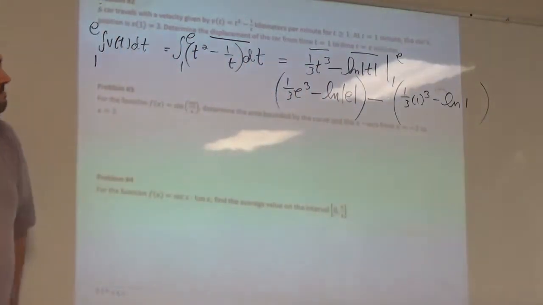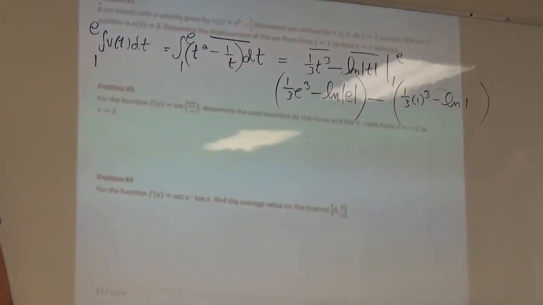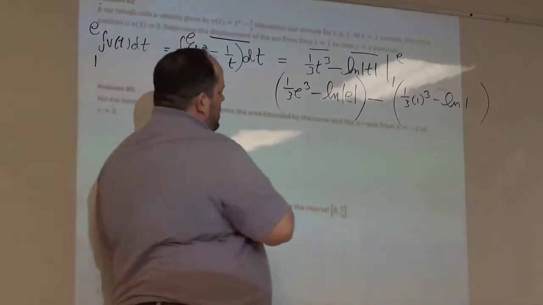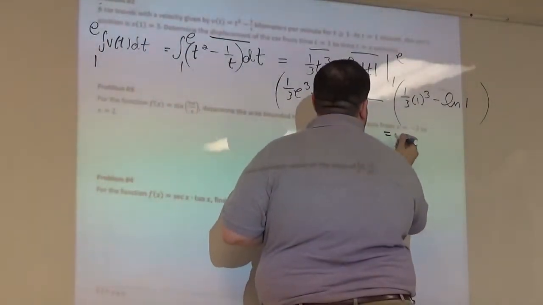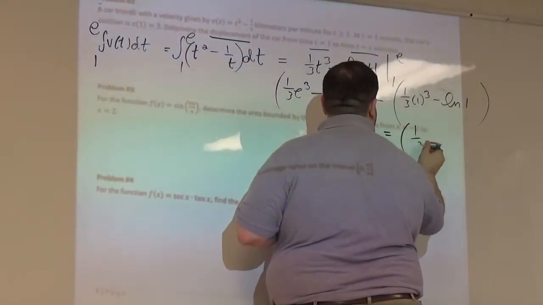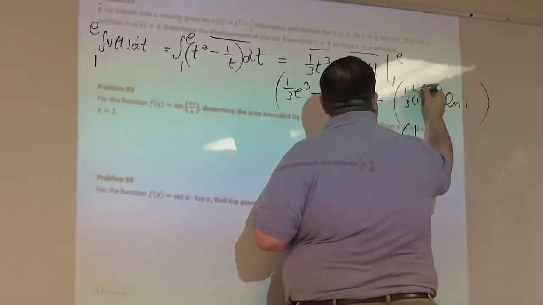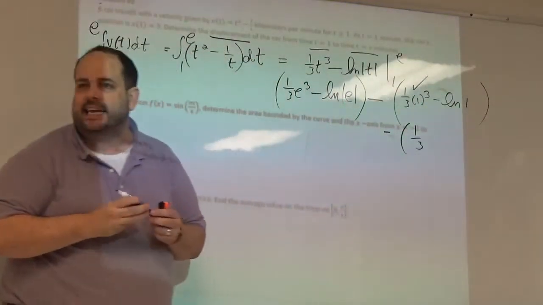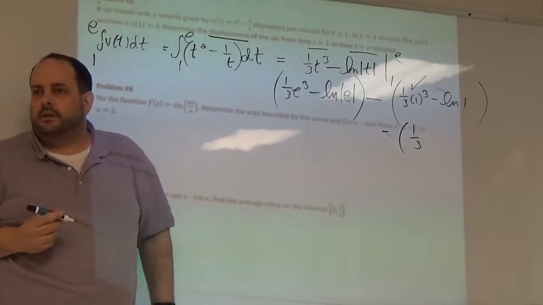There is some simplifying I want everybody to be able to do. What's some legal simplifying we can do? I'll take anything from anybody. Jasmine, what could you do? 1/3 times 1 to the cube is just 1/3. Okay, so we've got 1/3 over here. We can simplify that a little bit. What else?